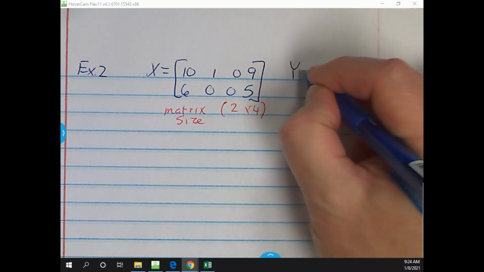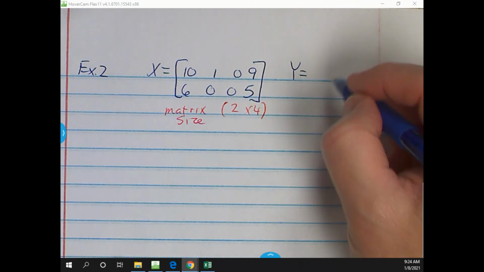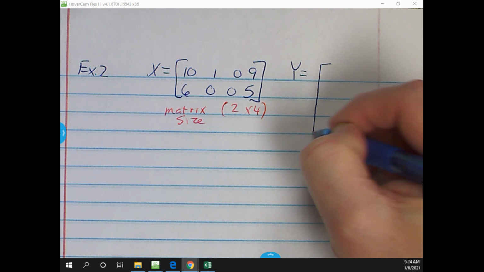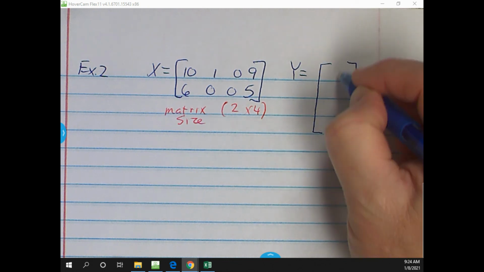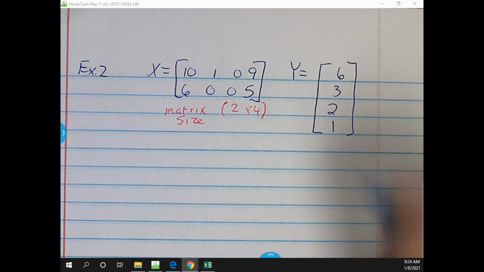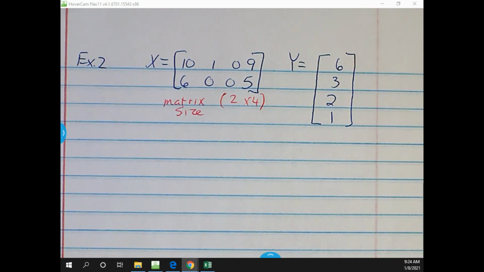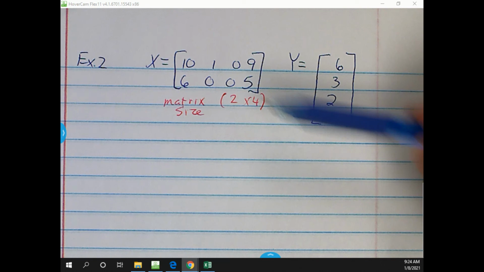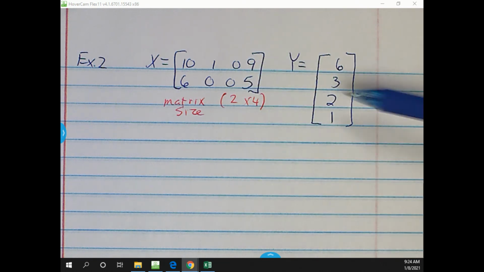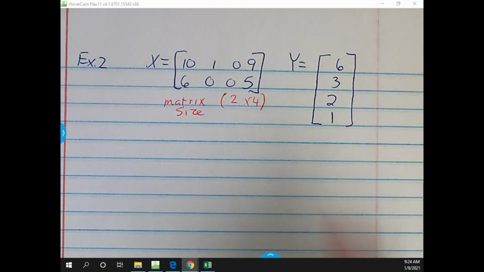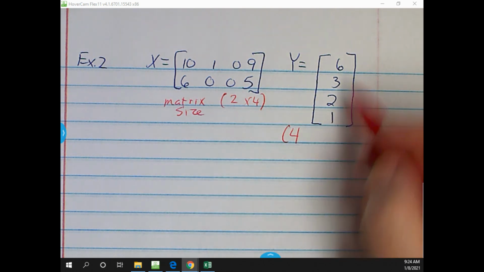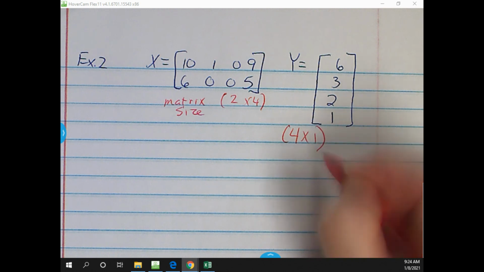And Y is 6, 3, 2, 1. Sometimes one like this throws people off a little bit because they go, what do we do for size here? So for the size of it, if this had 2 rows, this one is going to have 1, 2, 3, 4 rows, and you only have the 1 column that's here, so it's a 4x1 matrix.